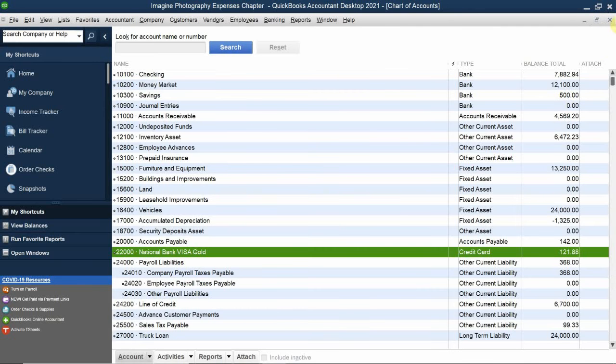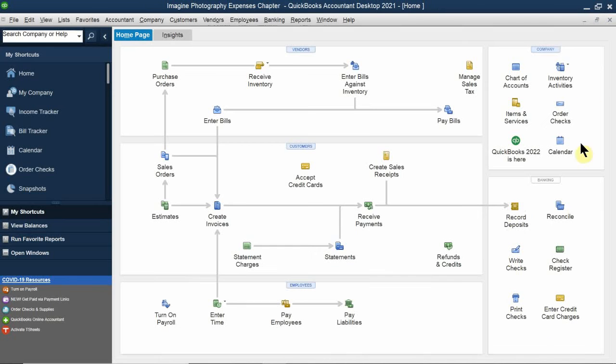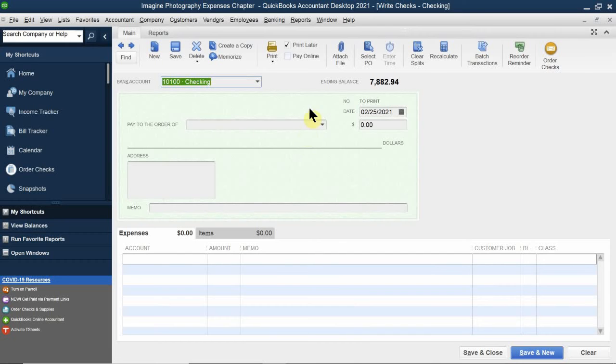I can make a payment to my credit card right now by using a check. And let's say I want to make an online payment. So instead of doing print later, I can choose EFT, electronic funds transfer, which allows me to put in that information.